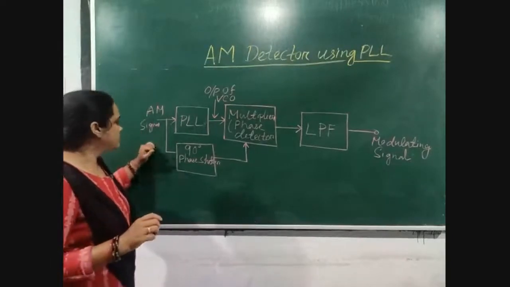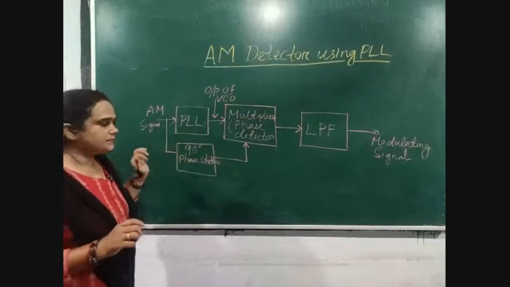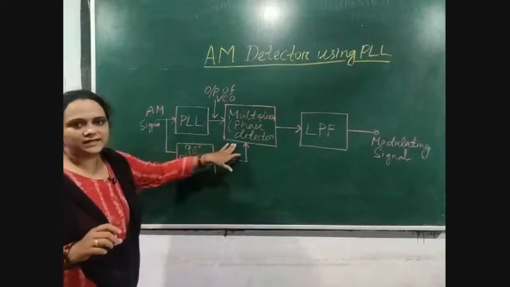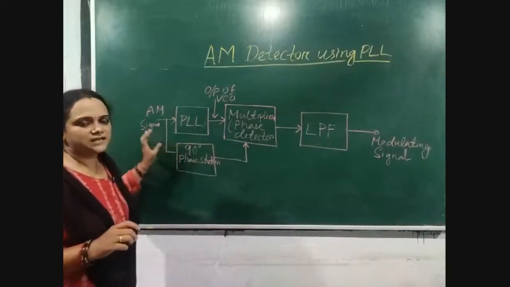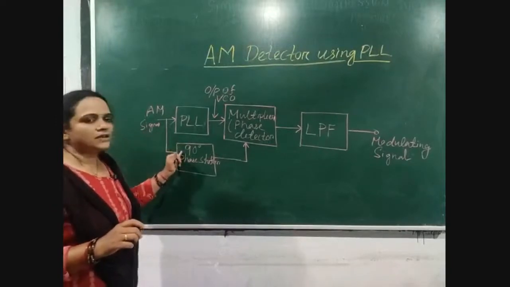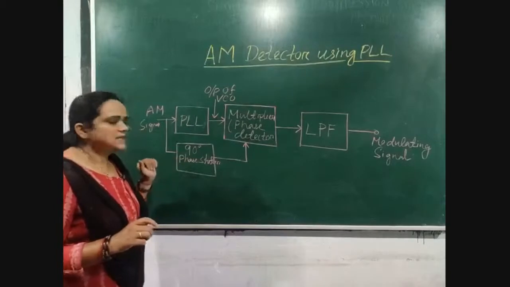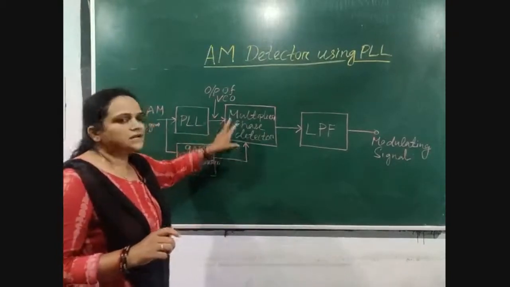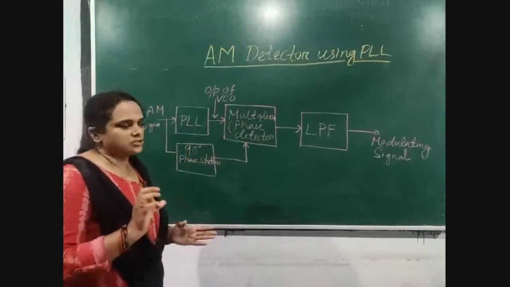So what we do? We use a 90 degree phase shifter. So before the AM signal is given to the multiplier as the input, we shift its phase by 90 degree. Because of this 90 degree phase shift, the input signals to the multiplier are now in the same phase.